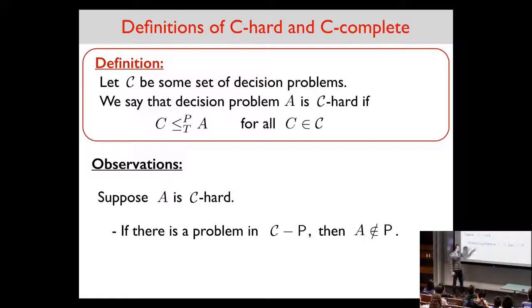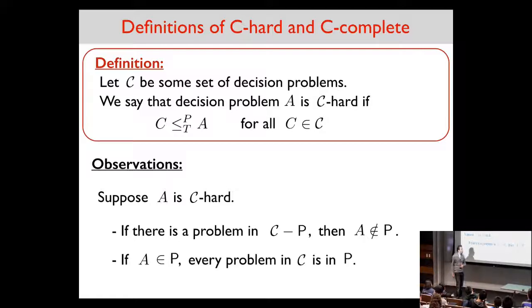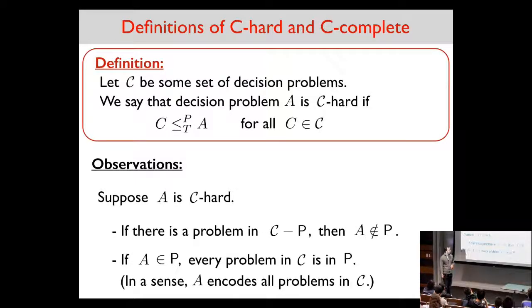So if there's some problem in this class that's not polynomial time solvable, definitely A is not polynomial time solvable. The other observation is that if this hardest problem in the class, A, is polynomial time solvable, then every problem in this class is polynomial time solvable, again by the fact that A is supposed to be the hardest problem in this class.